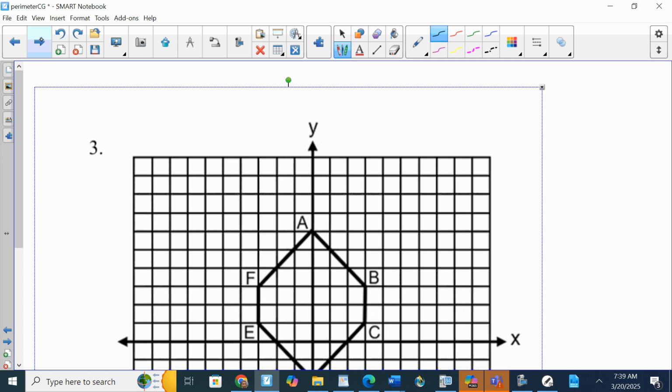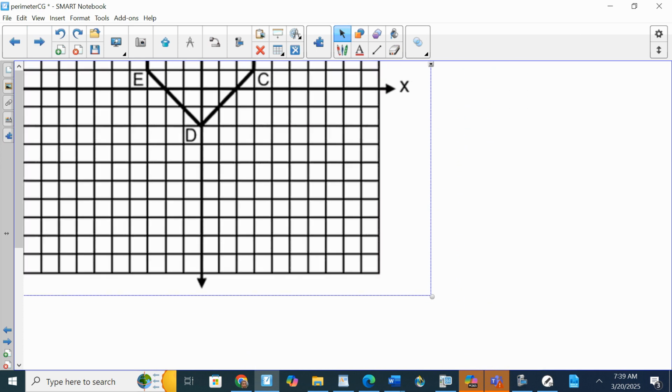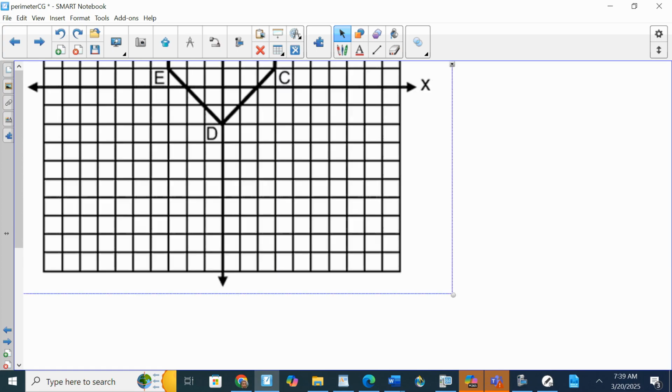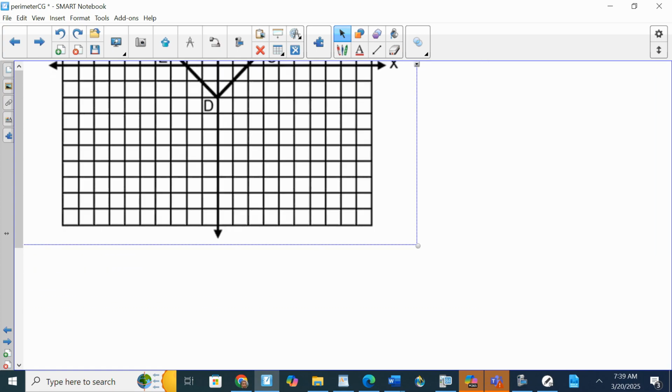Let's go over this one right here. I believe this was the one in the Regents sampler. It wants me to find the perimeter of the shape in simplest radical form.